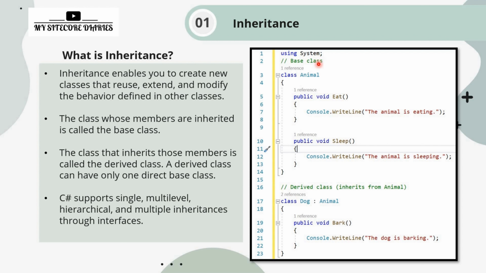The Animal class has eat and sleep methods. Now Dog has not only the eat and sleep methods, but it also has the bark method. So in this case you are extending the Animal class by using inheritance in the Dog class. So this is what inheritance is.